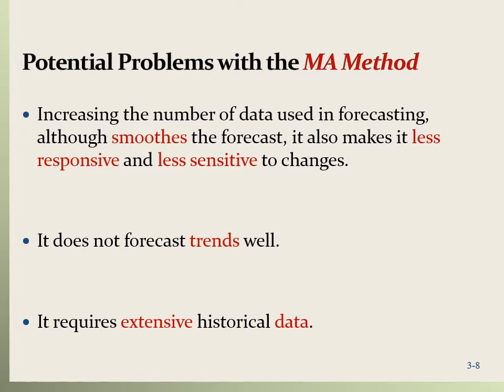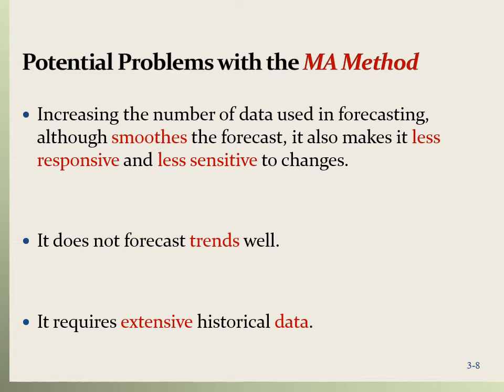When n is high, that is, when the number of periods that you average out is high, for example a 3-period moving average, a 2-period moving average, or a 10-period moving average, it would make your forecast smooth. That means it's going to smooth out all the fluctuation and variation in your data, but it would also make your forecast less responsive and less sensitive to changes in data.